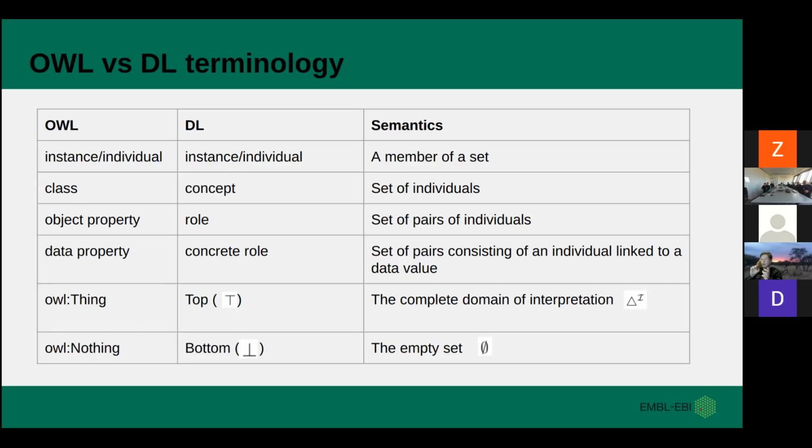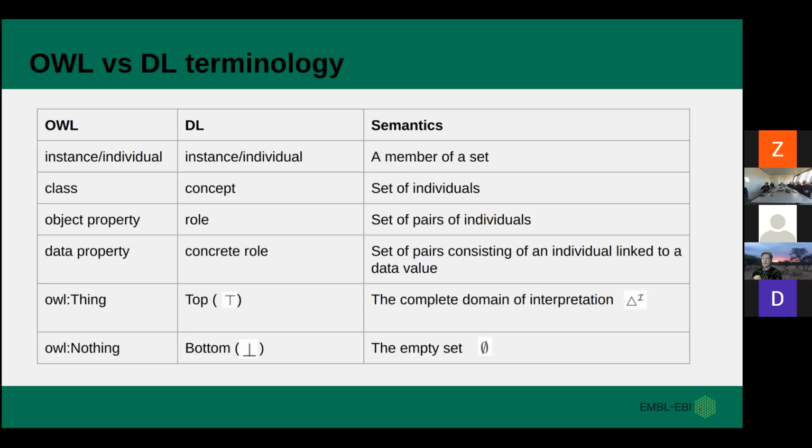Yeah, so if you look at objects and roles and the description logic definition, it's very much defined based on, so R is a subset of the domain of interpretation cross product with the domain of interpretation. So that's a very basic definition of a role in description logic.